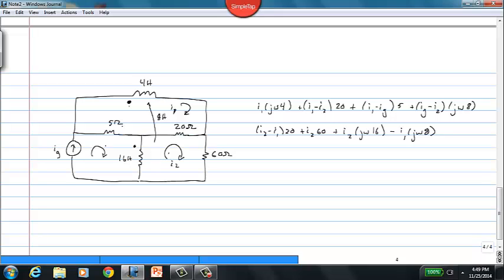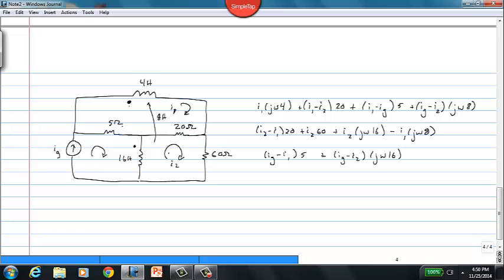Taking the two passive elements that are there, I've got IG minus I1 times 5 ohms plus IG minus I2 times j omega 16, and then I've got the mutual inductance associated with the 4 Henry device.